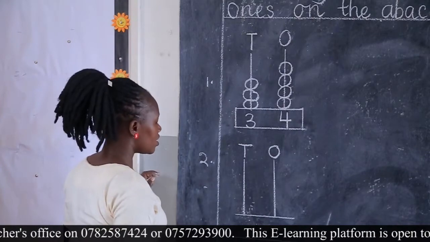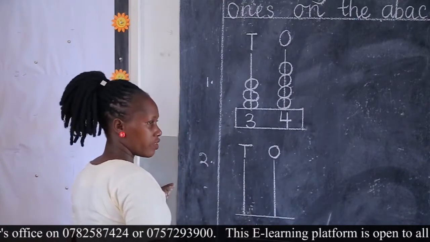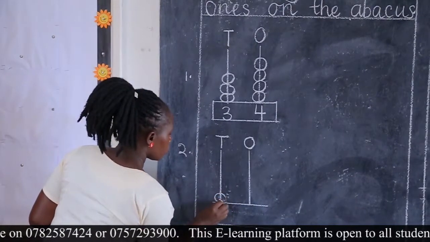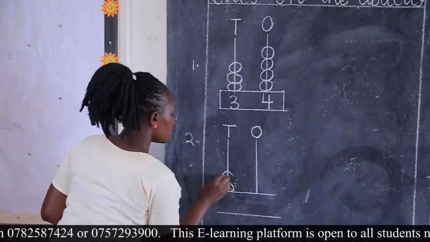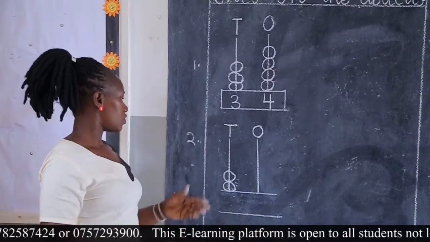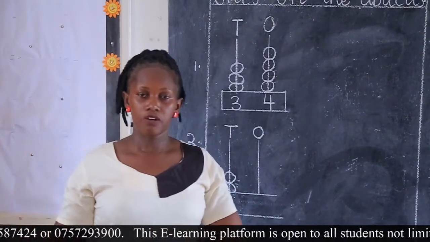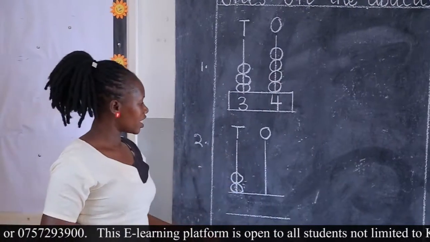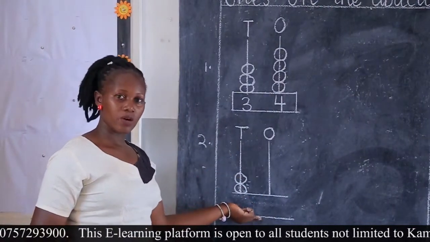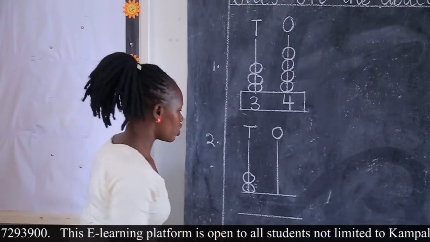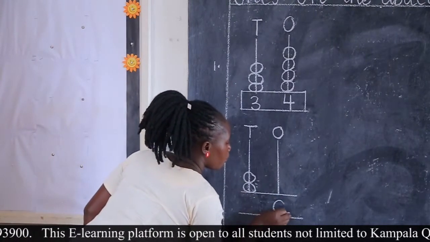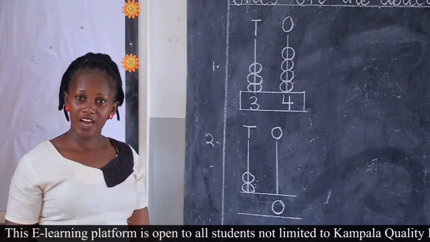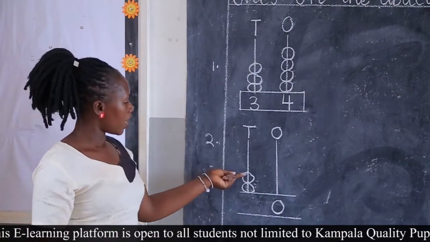The place of ones, I have nothing. The place of tens, we have one bead, another one. We are now going to count. How many tens do we have? How many ones do we have? Together, let's look at the ones. How many do we have on the ones? We have nothing, so it is 0. In the place of tens, how many do we have? Let's count. 1, 2.